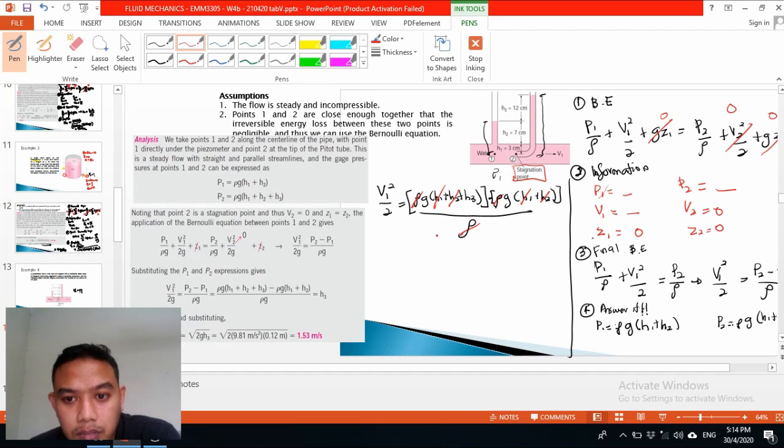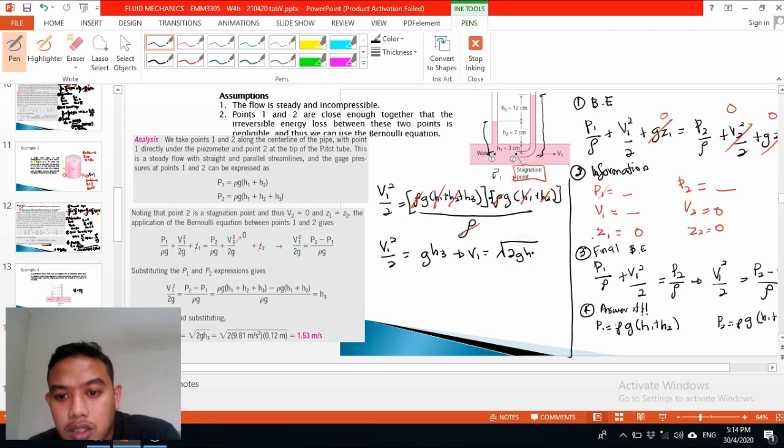G, okay, so the final equation is V1 squared divided by 2 is equal to G H3, or V1 is equal to the square root of 2 G H3.